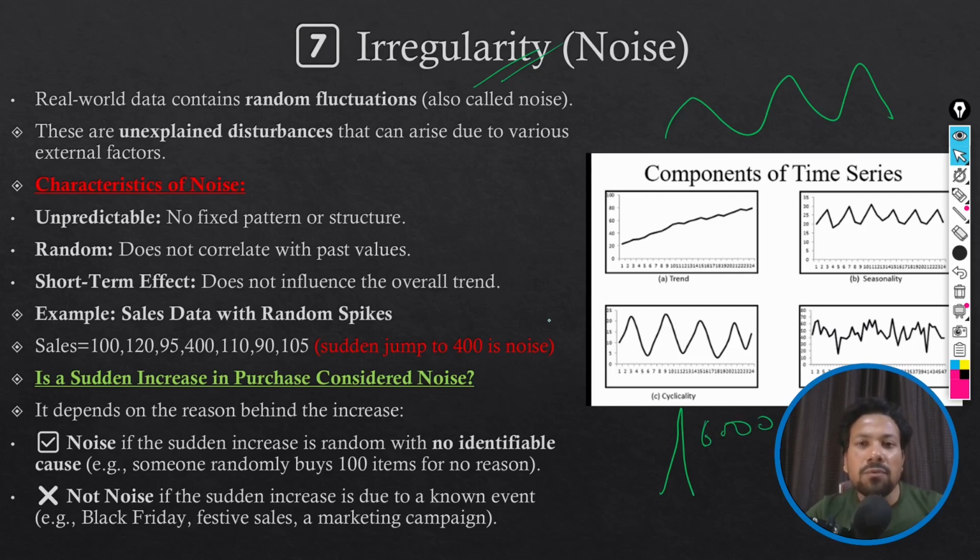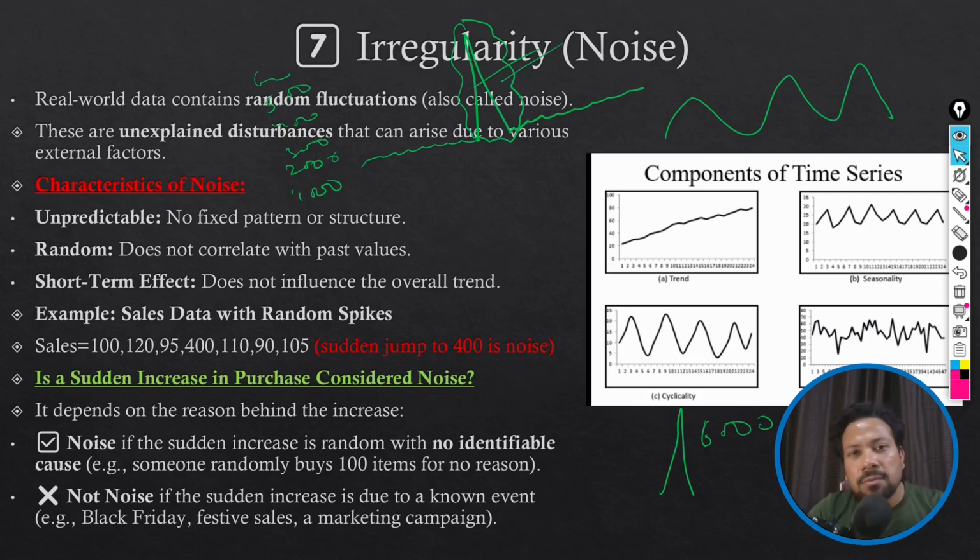Now, if you were to draw your sales pattern, you will see 1,000, 2,000, 3,000, 4,000, 5,000, 6,000. Usually your sales were like this, and one day it just jumped to this, and again the sales were like this. Now, this particular thing is called noise or irregularity.